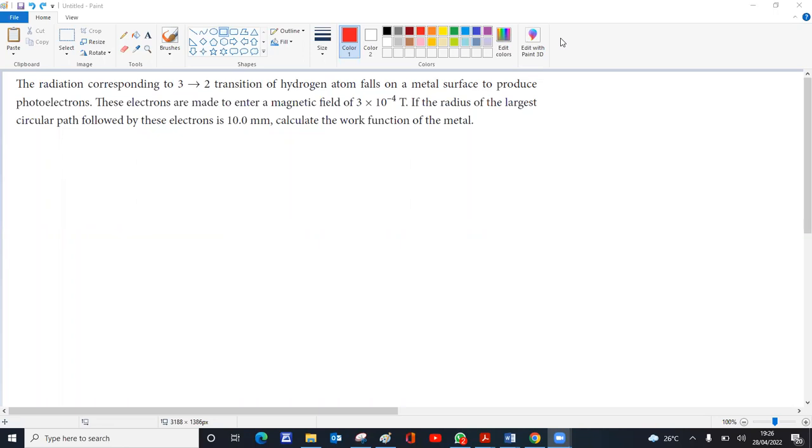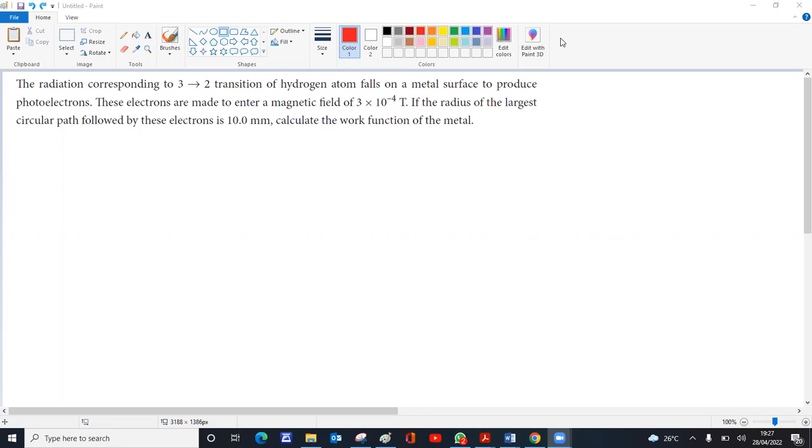Here, radiation is emitted when an electron in a hydrogen atom de-excites from level 3 to level 2. This radiation falls on a metal to release electrons, photoelectrons.